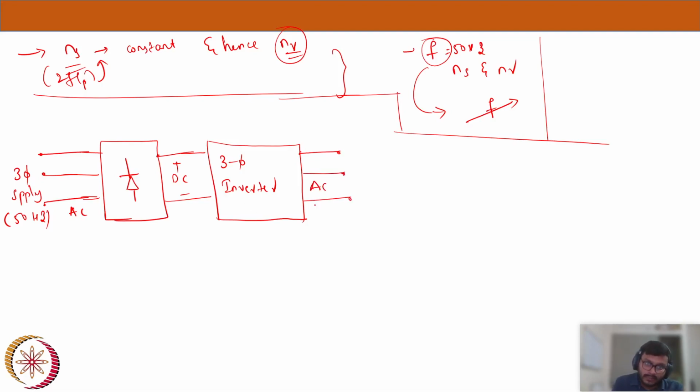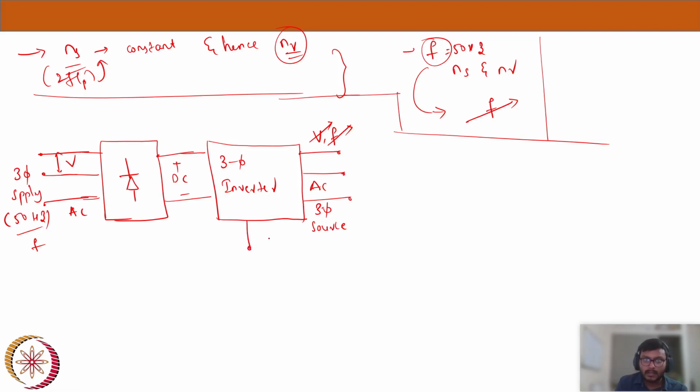This works as a three-phase source. This three-phase source, we should be able to have a different voltage level and different frequency level. Here we have a three-phase voltage, some line to line voltage and frequency, some V and F, and here we will get voltage and frequency which are variable. That's the whole point. I need to get a variable source here.